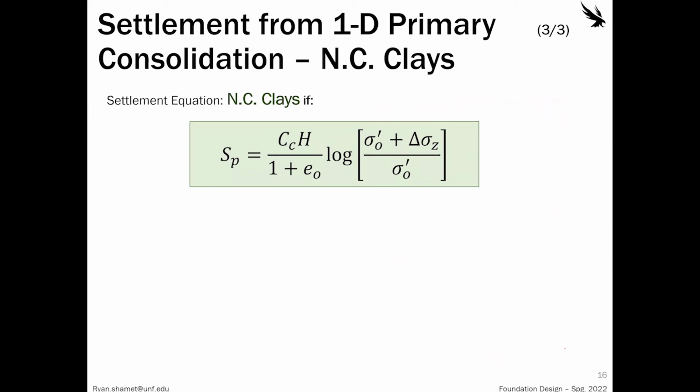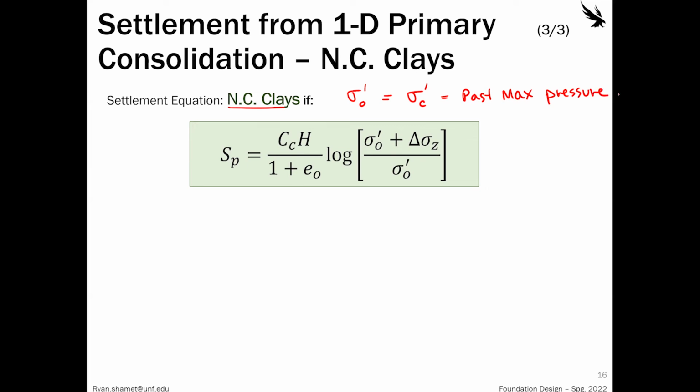So this is the equation that is obviously a little bit neater looking and not in my crappy handwriting. And again, this is only for normally consolidated clays. This is only if our current effective stress is equal to our past max pressure.